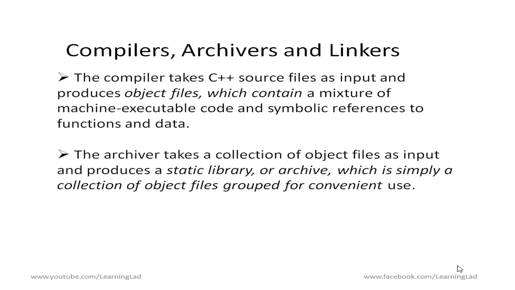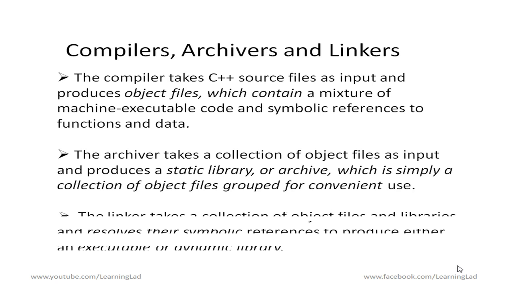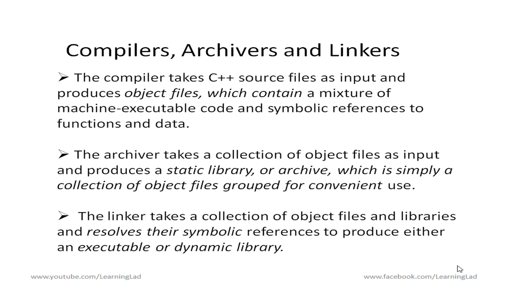Then the archiver takes a collection of object files generated by the compiler as input, and it produces a static library or an archive, which is simply a collection of object files grouped for convenient use. And next, the linker. The linker takes a collection of object files and libraries and resolves their symbolic references to produce either an executable or a dynamic library.